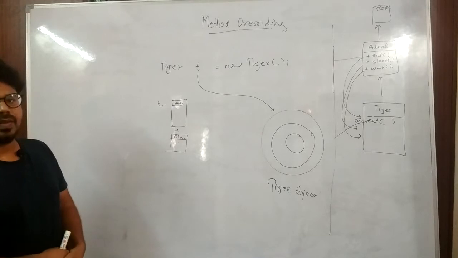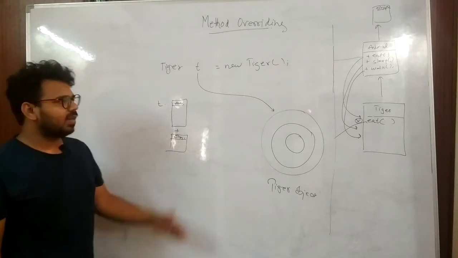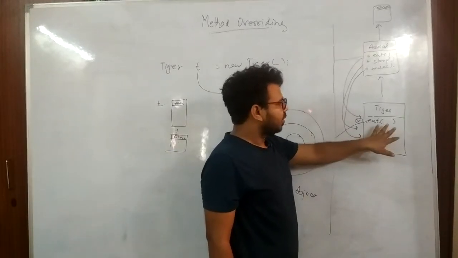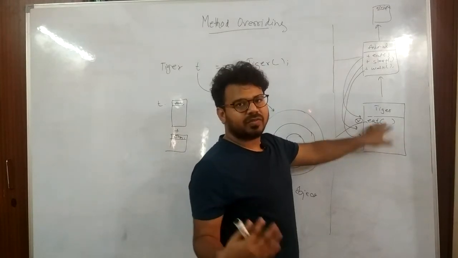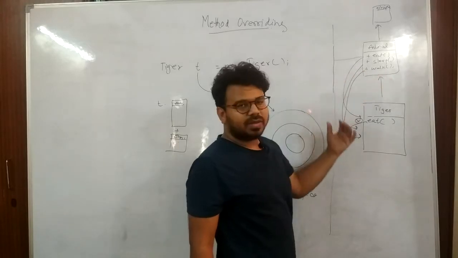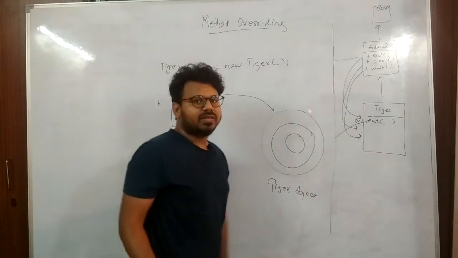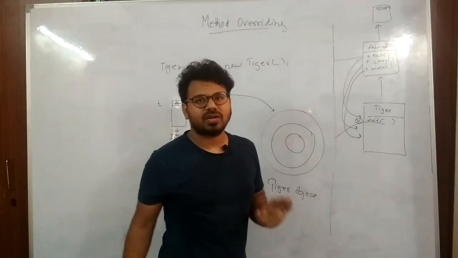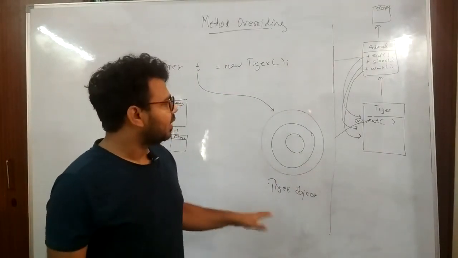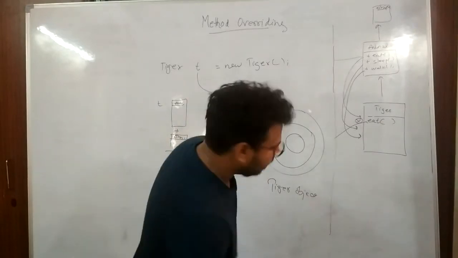Okay, I think till now you are clear. Now suppose we write the eat method, that is, Tiger redefines the eat method inherited from Animal, and it redefines it in its own way. That is, it says that I do not eat grass, I eat flesh.